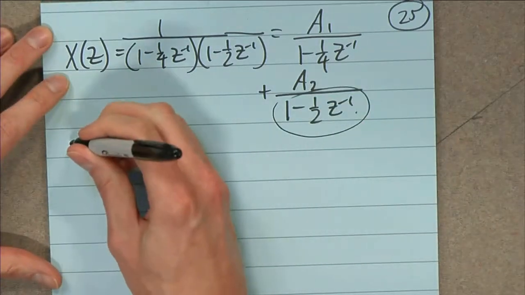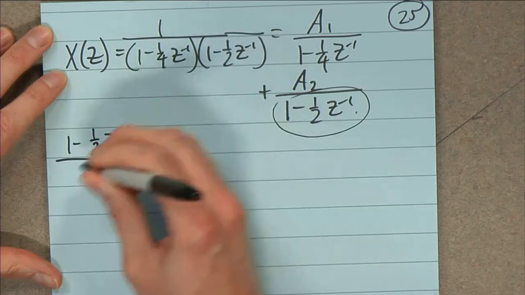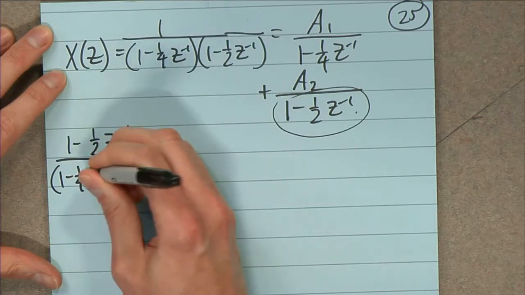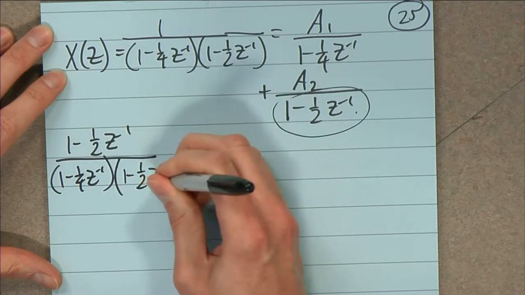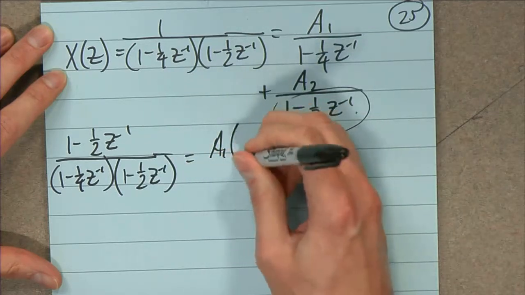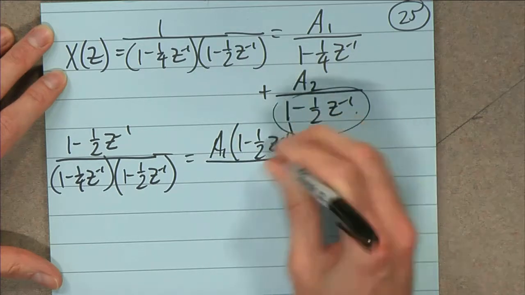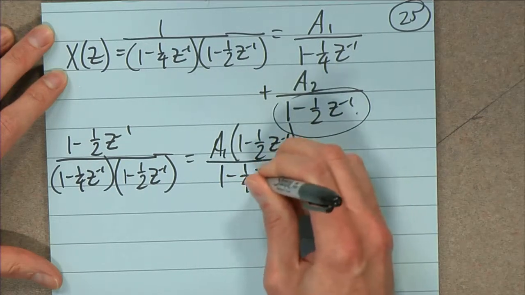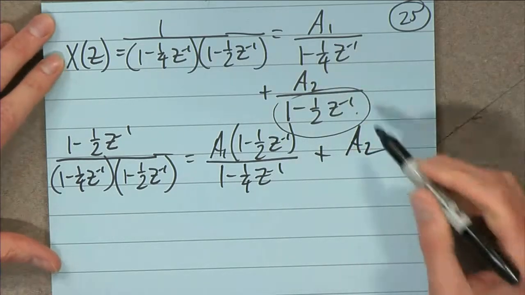If we do that, we end up with 1 over 1 minus 1/4 z inverse, which by design will cancel this term. And then we've got a1 times this term, all over 1 minus 1/4 z inverse, plus we multiplied those two times each other, so they cancel.